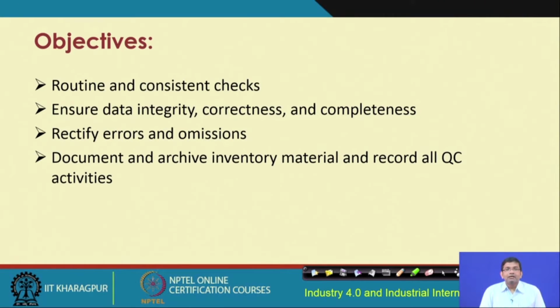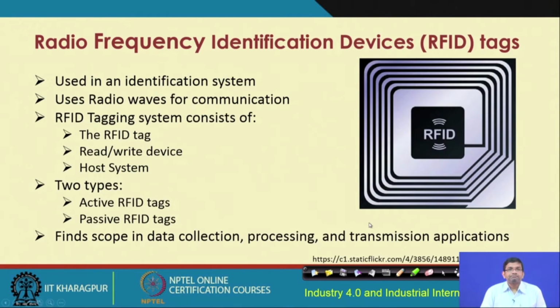Rectifying any kind of error, omission, incompleteness, etc., is also part of the objectives, as is documenting and archiving inventory material and recording all the quality control activities. It is not just performing the quality control, but also the proper documentation and archiving of all these different activities and data. That is also an important objective of quality control.